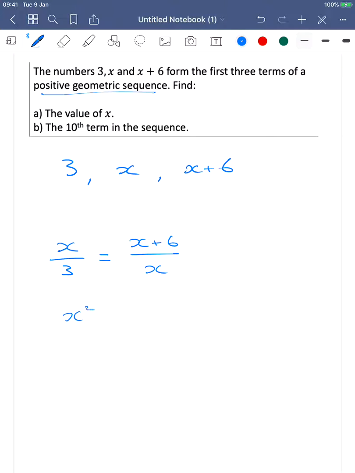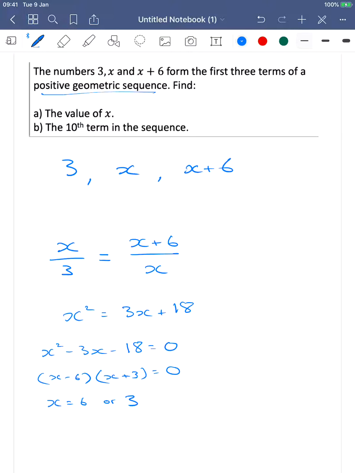I get x squared equals 3x plus 18, x squared minus 3x minus 18 equal to 0. Can we do this? Let's have a little look. 6 and 3, x minus 6, x plus 3. Yeah, happy with that. So x would equal 6 or 3.